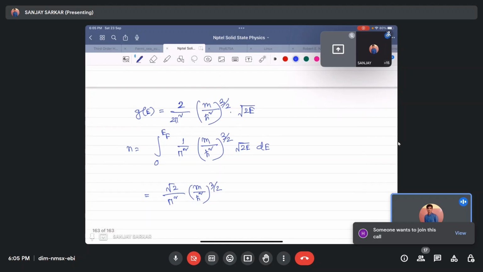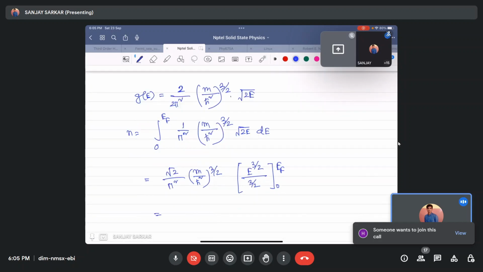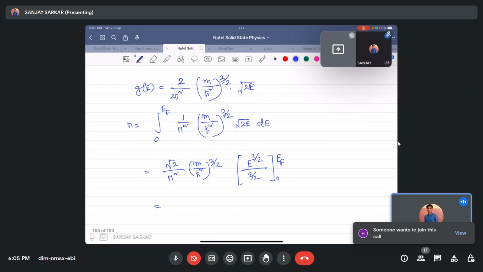Now what is the integral of root E dE? It will be E to the power 3 by 2 divided by 3 by 2, from 0 to EF, which is 2 by 3. So n is 2 root 2 by 3 pi square into (m by h bar square) to the power 3 by 2 into EF to the power 3 by 2. So this will be the answer.